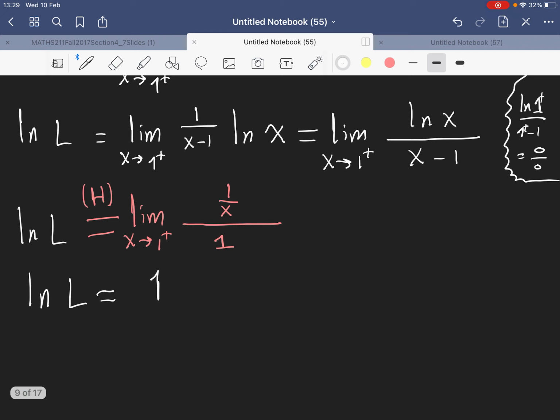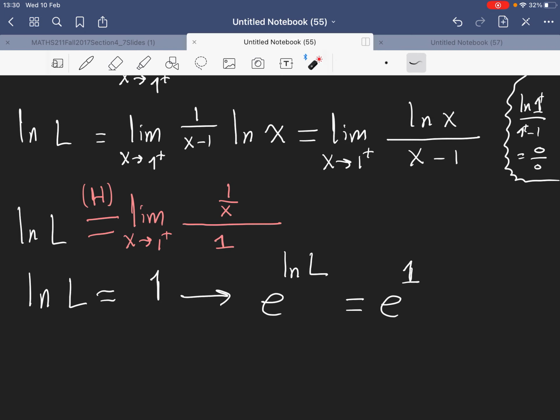Now, if you have ln L equal to 1, how do you find only L? We need to cancel the ln. What will cancel the ln, if you remember from calculus 1, is taking everything to the power of e. So I will write e to the power of ln L equal e to the power of 1.